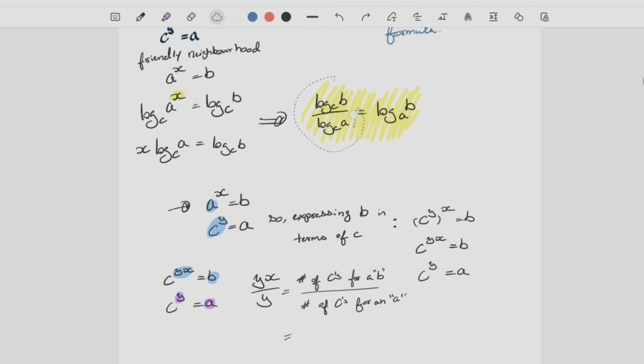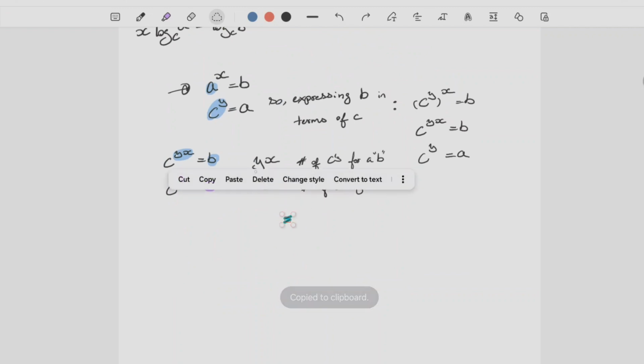I have to erase the thing. That is fine. Okay, paste.